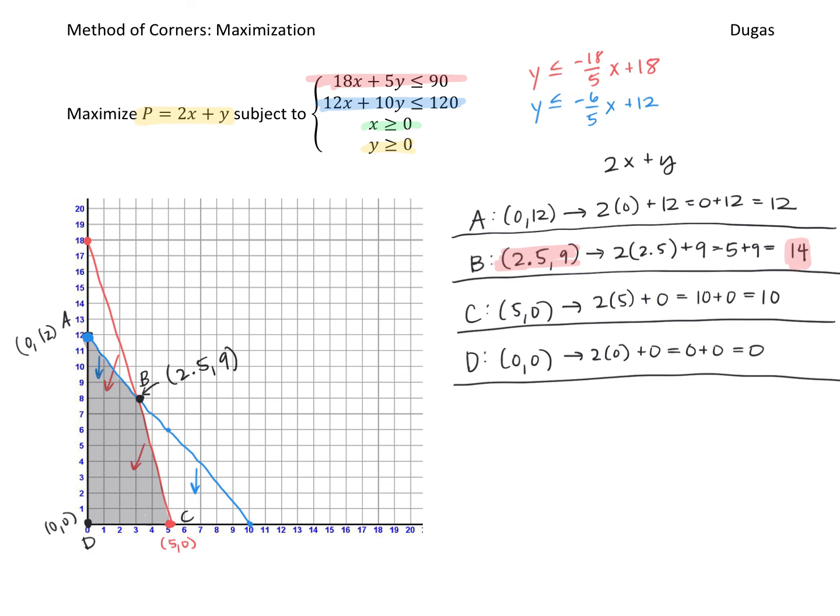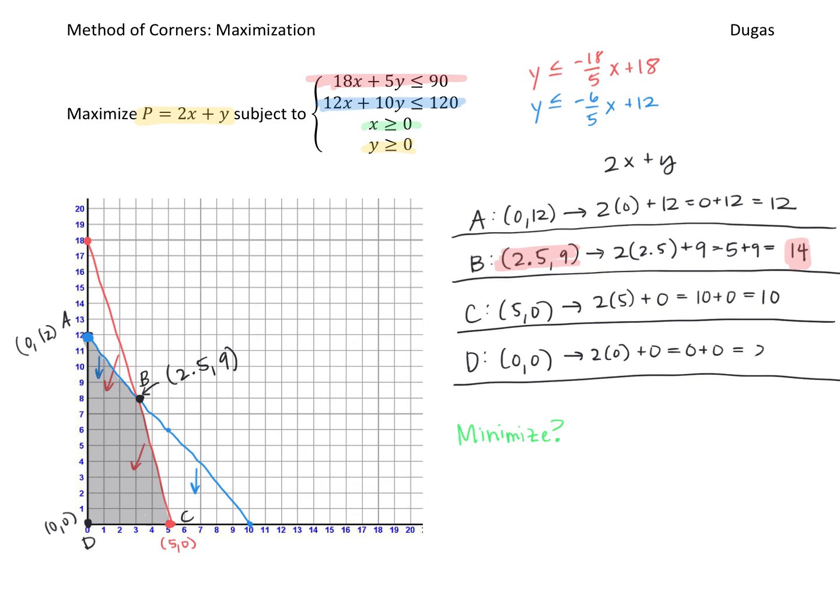We could have done this same problem, and instead of saying maximize, it could have asked us to minimize. So if it asked us to minimize instead, we would do the same exact process. Everything is exactly the same. But in that case, we're now looking for the smallest value when we plug in our endpoints or our corner points.